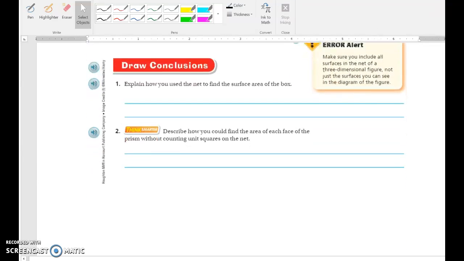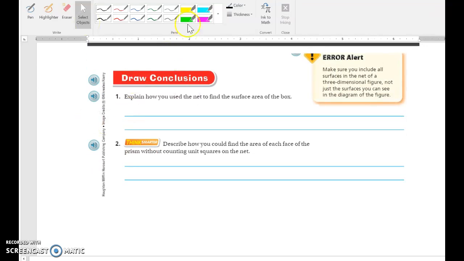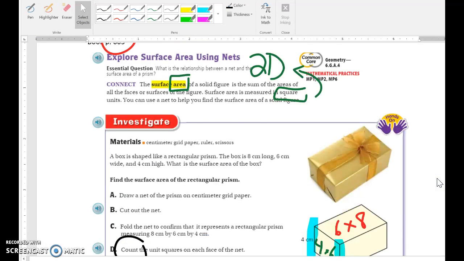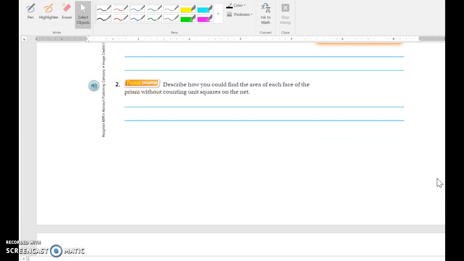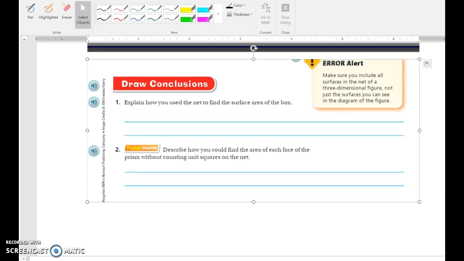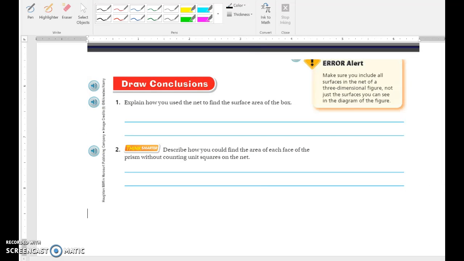In terms of explaining, I did say yesterday to a whole pile of fine human beings in class that it's really important to actually write it out, and you guys pointed out that I don't always write it out in the video, so let's type it out. For number 1, how did I use the net to find the surface area of the box?